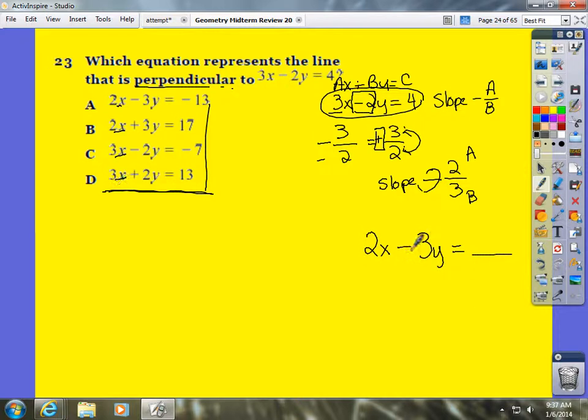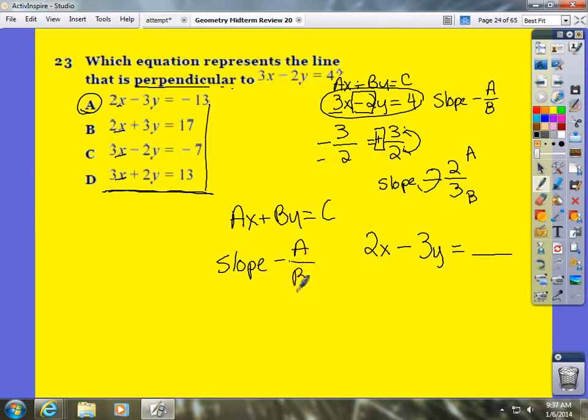The only answer that has a 2x minus a 3y is A. I know that's a little bit confusing, but you're just going to have to remember that if we have a line that's in AX + BY = C format, then the slope is negative A over B.